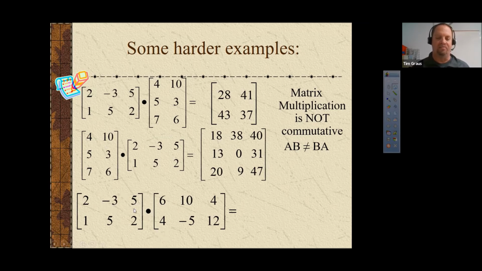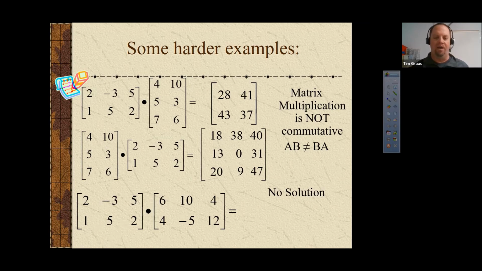I mean, do I just write down 5? No, there has to be the same number of elements in this row and the same number of elements in this column. If I don't have a third element in that column, I cannot multiply these things. So I'm not even going to attempt to multiply these if the dimensions aren't right. So there's no solution for this thing.